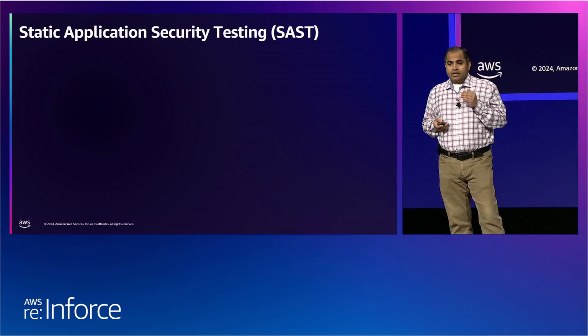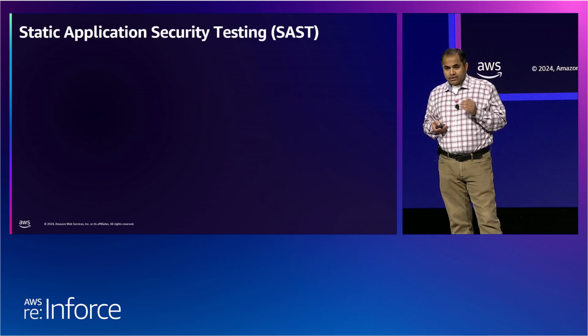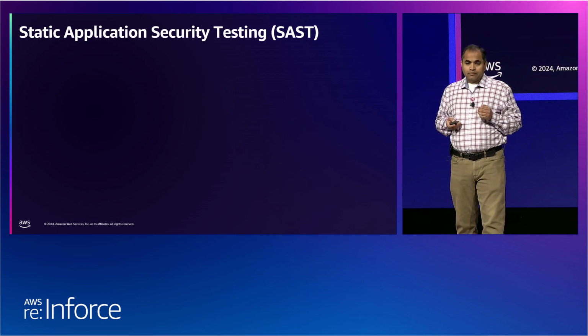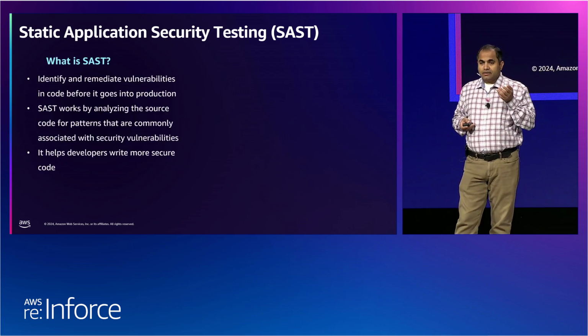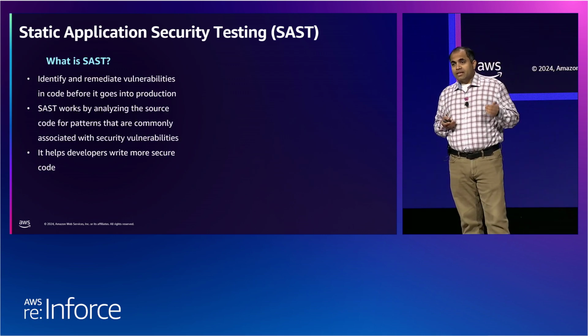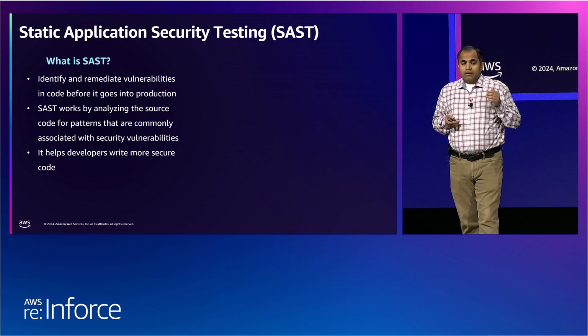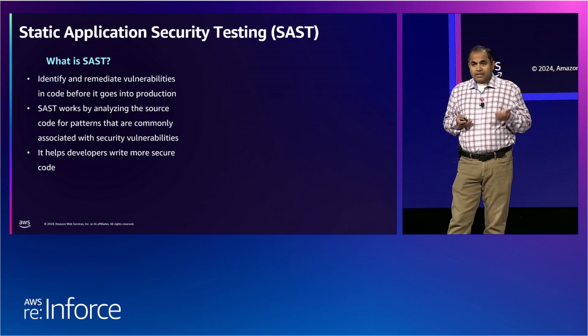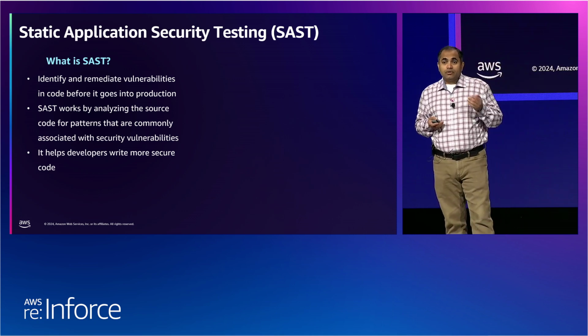I will talk about static application security testing, which is also called SAST. SAST is a branch or a vertical within application security testing. It helps in identifying and remediating vulnerabilities in first-party code.